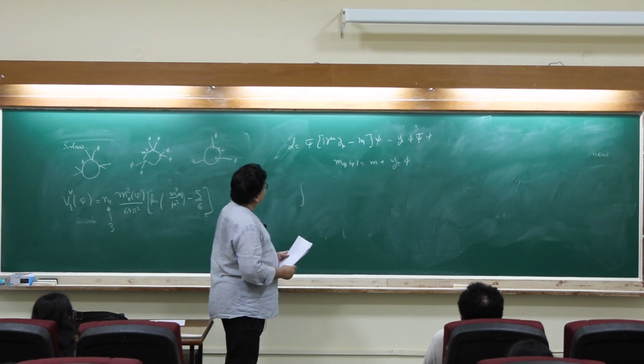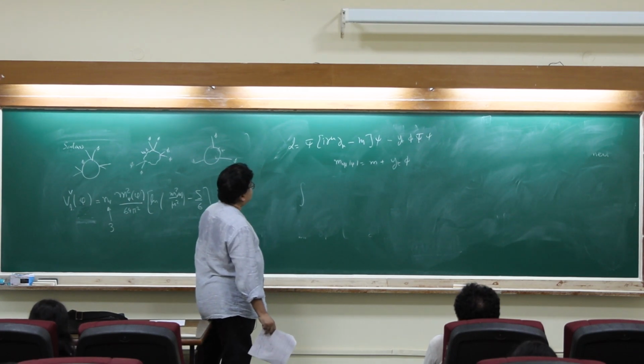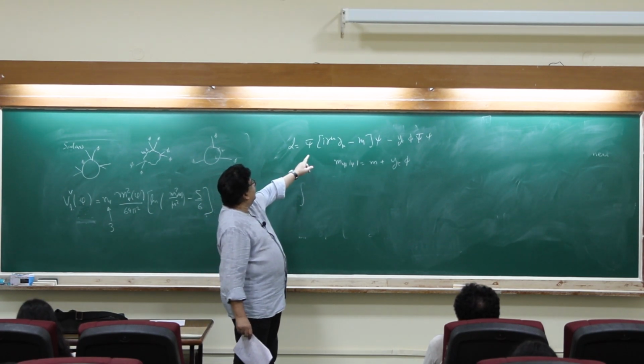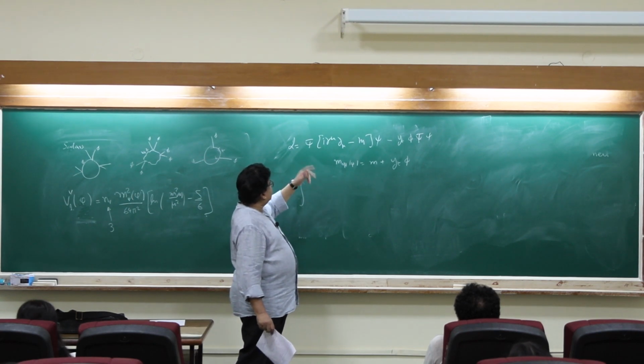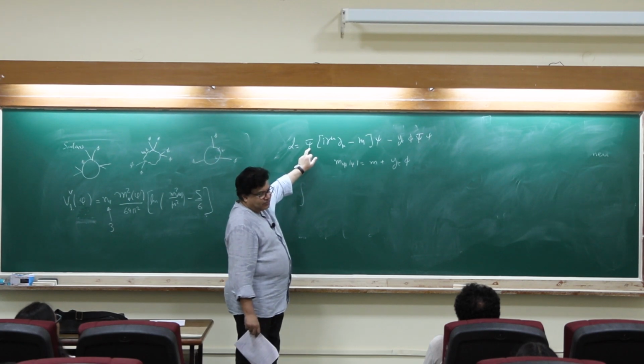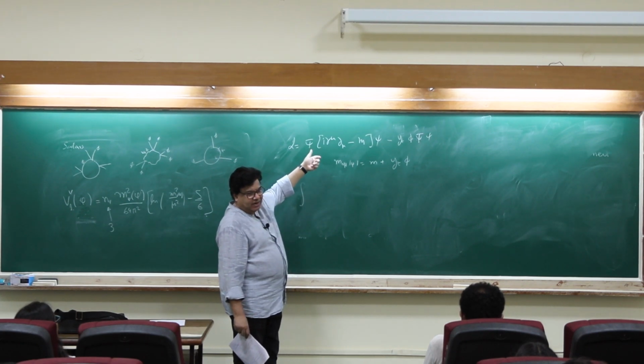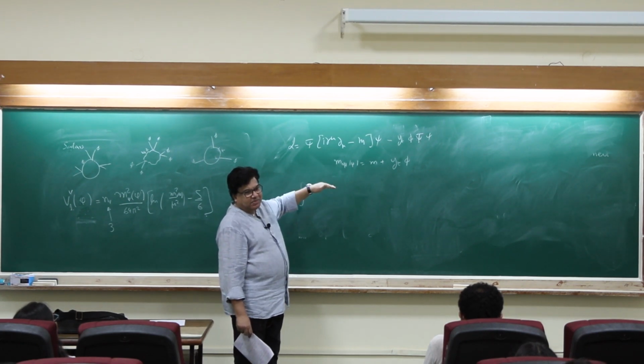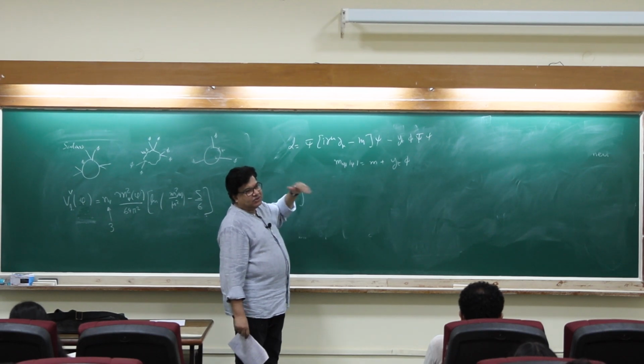Here, in the scalar case, we split the field into a background plus a fluctuation. In fermions, there is no background because fermion occupation number is 0 and 1, so it does not have a classical background. So fermions are always a fluctuation. Okay.